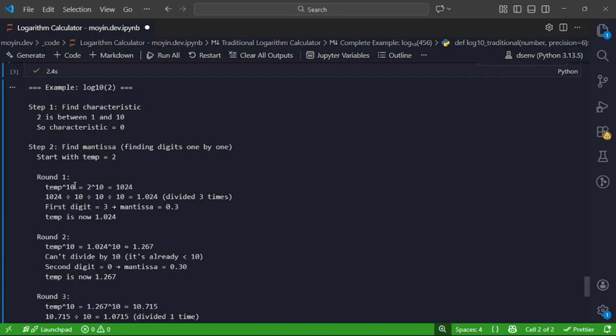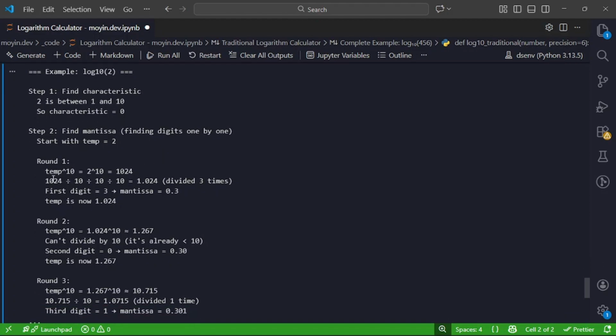As you can see, 2 being the temp, raised to the power of 10, you get 1024. You then divide 1024 by 10, see how many times it is possible. That becomes the first digit. You write it down. That is the first digit in your decimal place. You see, it's divided 3 times. The first digit in the decimal place becomes 0.3.